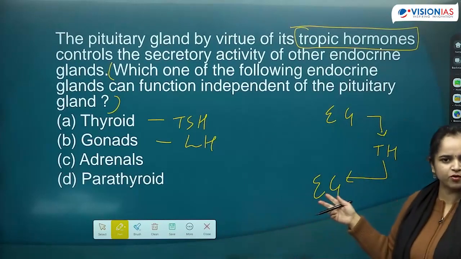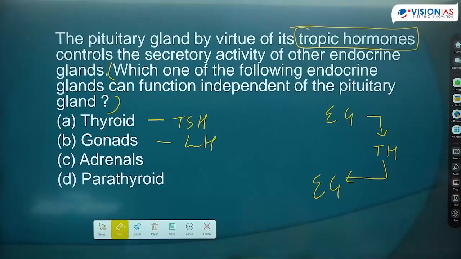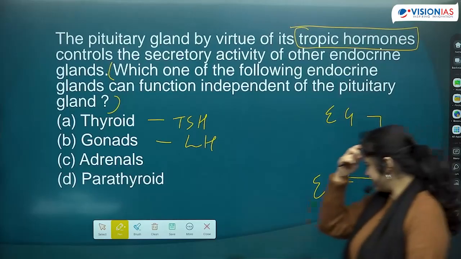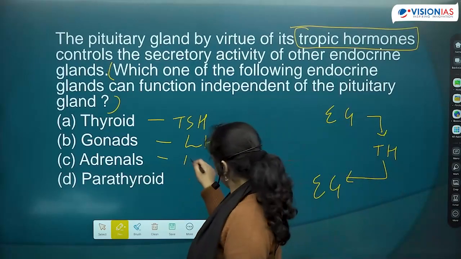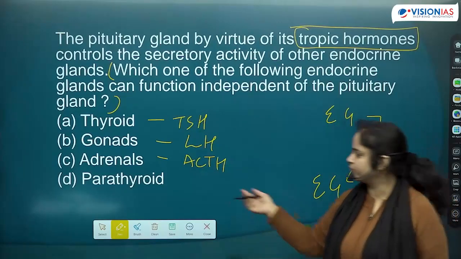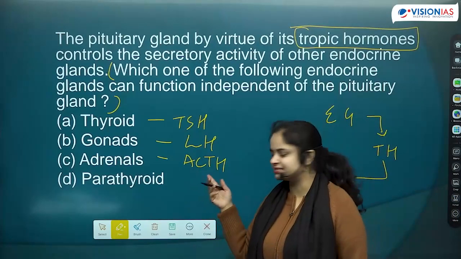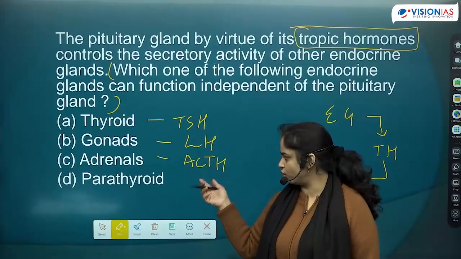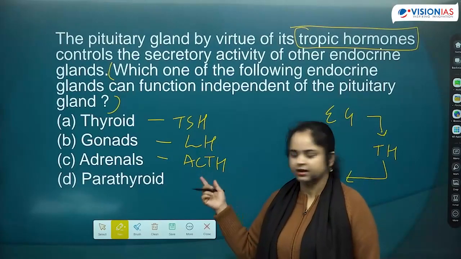LH is the hormone which is stimulating the gonads to produce the sex hormones. Okay. For adrenals, ACTH. And its name itself has TH. Right? Now you can understand this name better. Adrenocorticotrophic hormone.